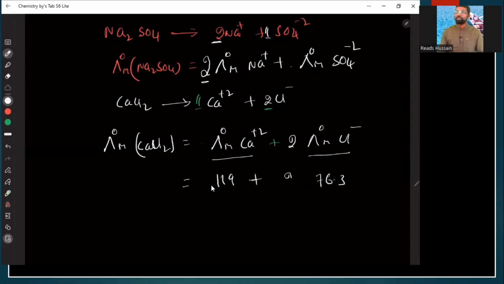But how many chlorides are there? Two are there, no? 2 into 76.3. So you multiply these two and you will get some value, and add 119, then you will get the answer. So your answer will be between 270 and 280.